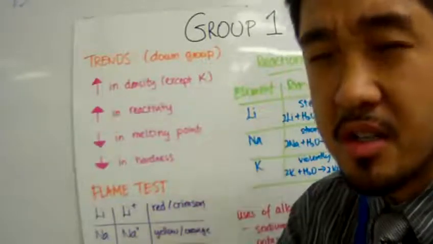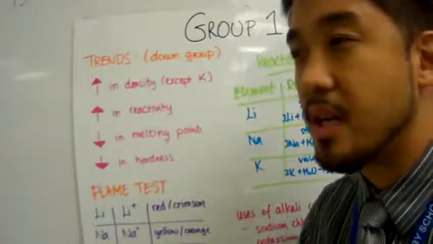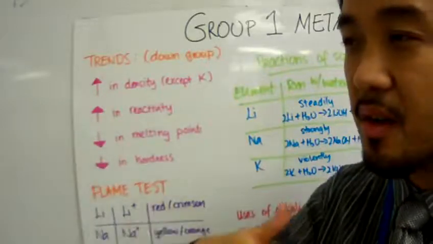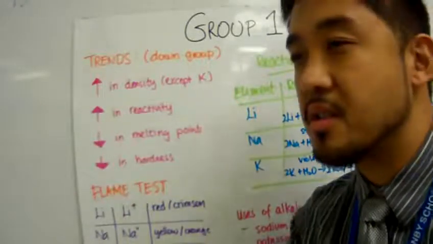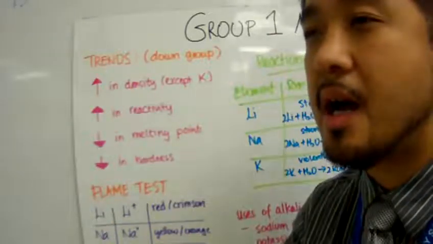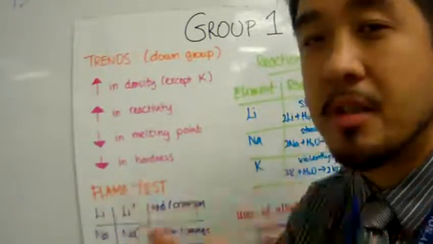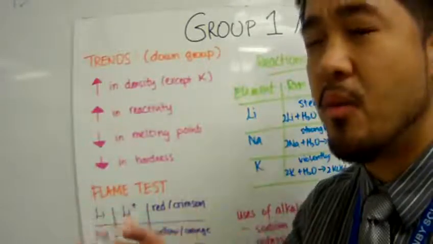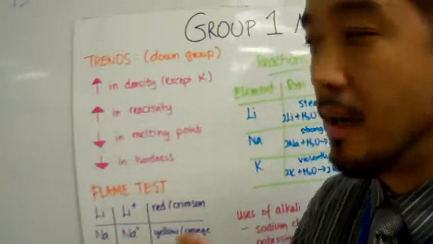The hardness also goes down the group because of the distance of the valence electrons to the nucleus, when all these metal elements are bonded metallically.